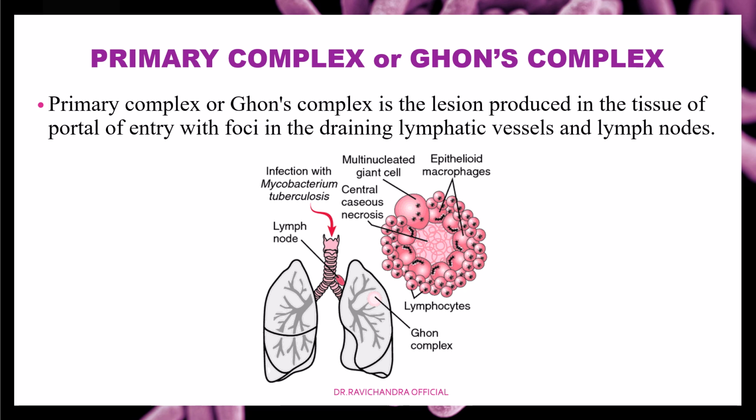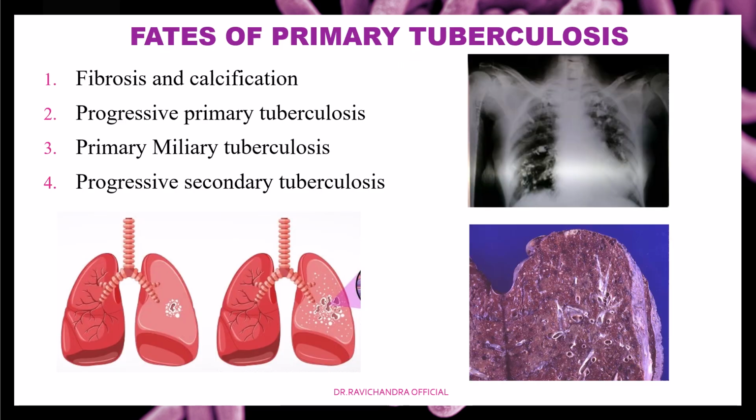Primary complex or Ghon's complex is a lesion produced in the tissues of the portal of entry with its foci in the draining lymphatic vessels and lymph nodes. Fate of the primary tuberculosis: it can be fibrosed or calcified, or it may convert into progressive primary tuberculosis or primary miliary tuberculosis or progressive secondary tuberculosis.